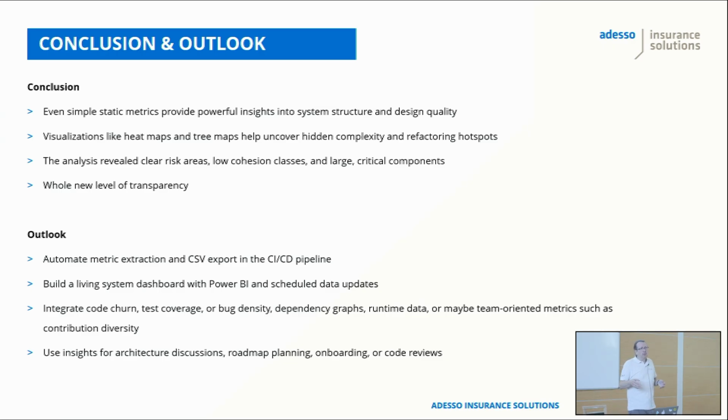That would be pretty interesting to find out, from an architectural perspective, if there is a critical package, and whether only a limited number of developers is working on it, or whether it is a critical package and a huge number of developers is working on it. Might be interesting. And of course, we could use these insights for architectural discussions, for roadmap planning, for onboarding of new developers, or as an addition to code reviews.